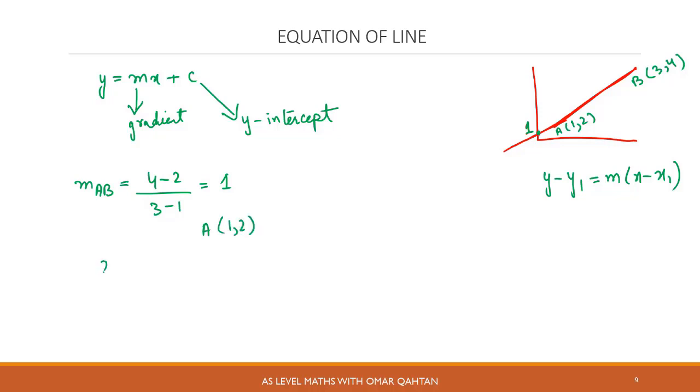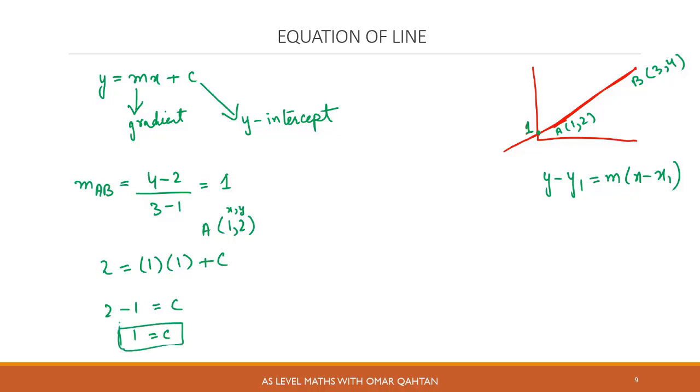So y is 2, m is 1, x is 1 also, and we have to find the value of c first. So 2 minus 1 is equal to c, and c is equal to 1.